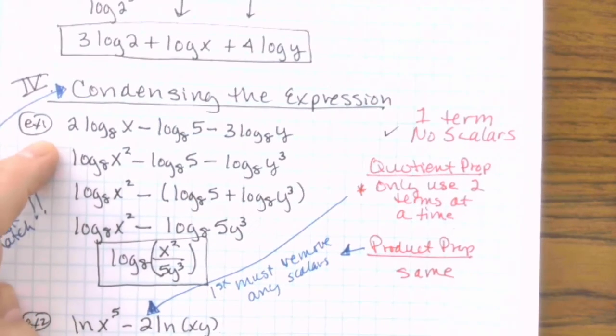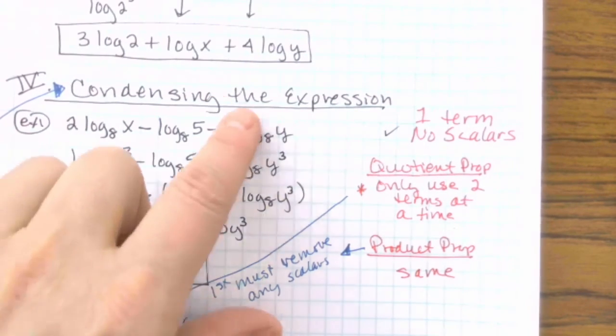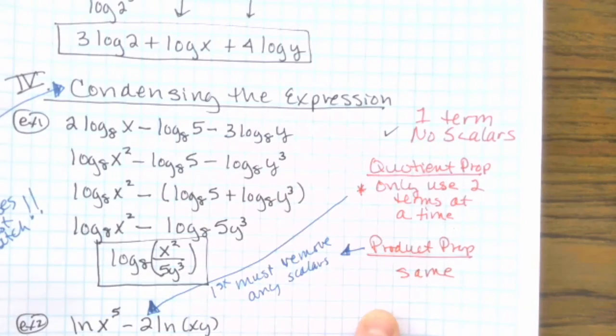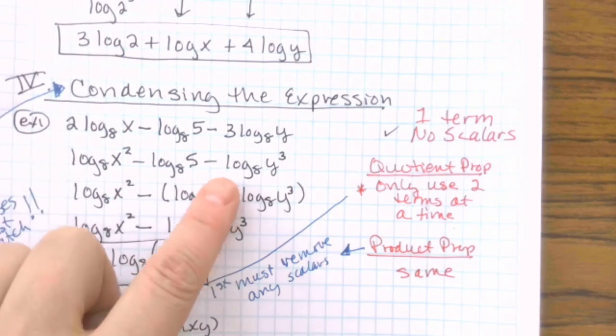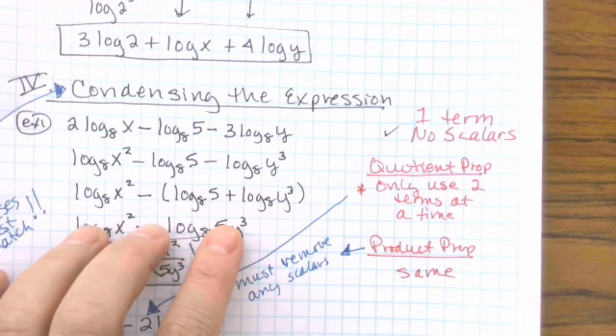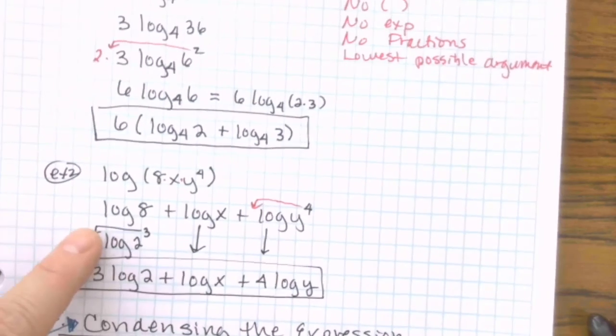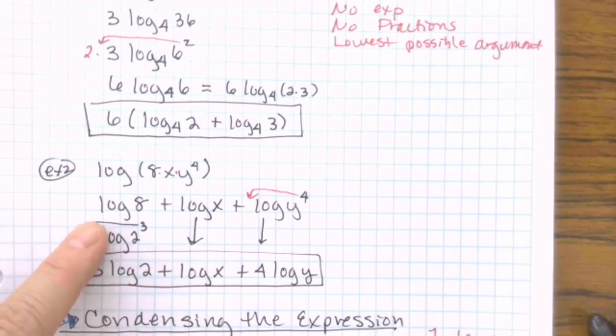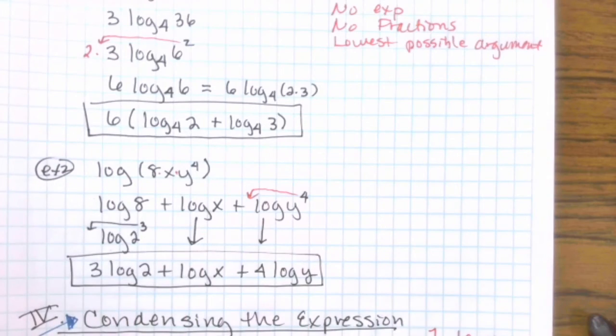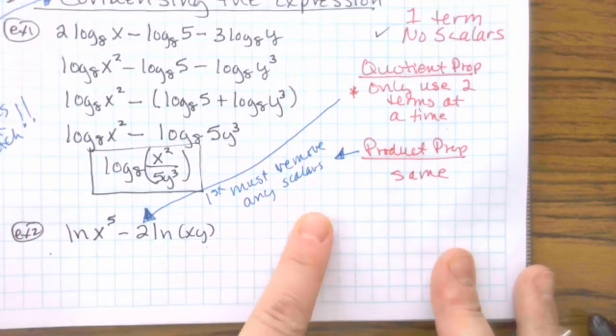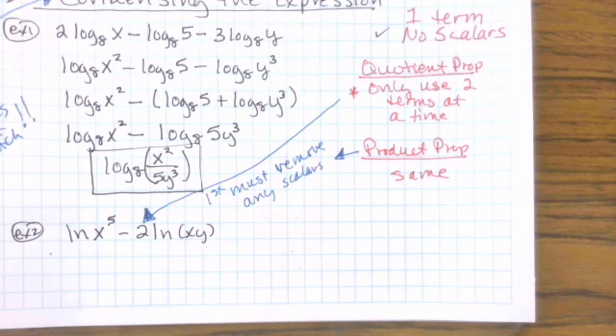Now here it wasn't an issue because I moved the 2 and I moved the 3 before I used either one of these properties. See, there's no scalars on this, so then I didn't have to worry about it. Same thing here. When we were expanding, there were no scalars to worry about when I did the expansion. So you must remove any scalars before you can condense.